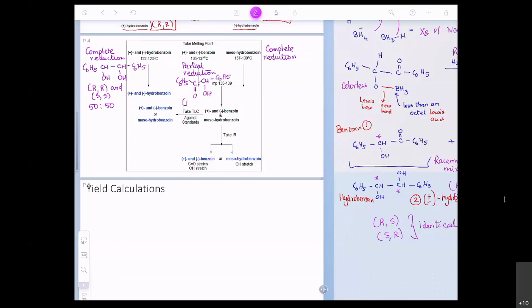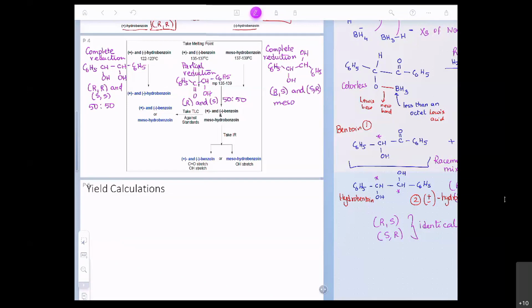You'll get R and S, you'll get 50-50. This will be complete reduction, just like the other side, the far left. It's a complete reduction, but it's not RR and SS. It's RS and SR. They are identical, they're meso compounds. So you cannot find out from the melting point whether you got benzoin or meso-hydrobenzoin.